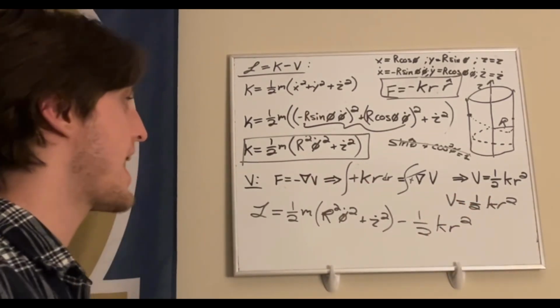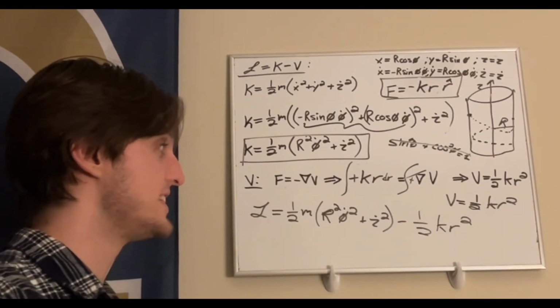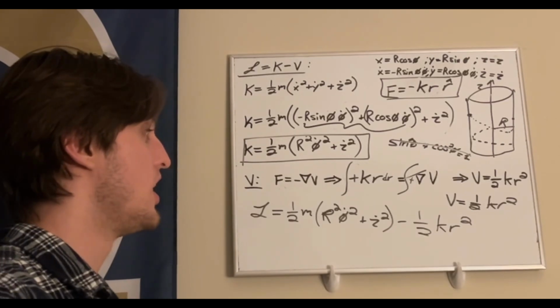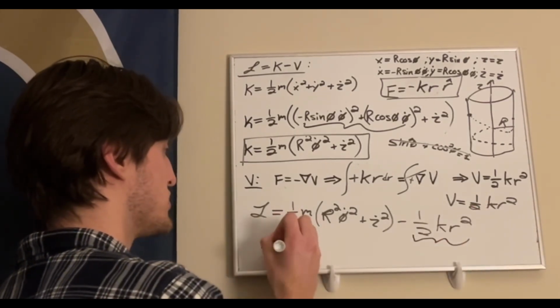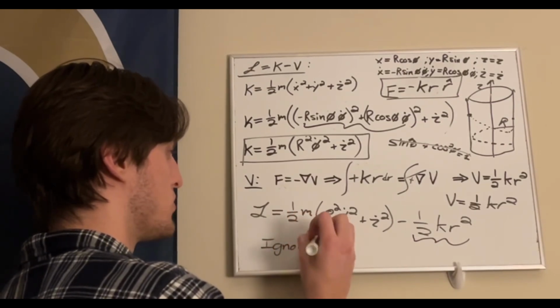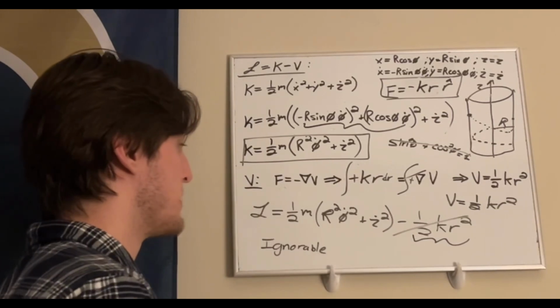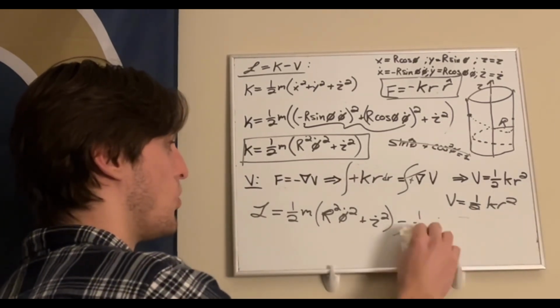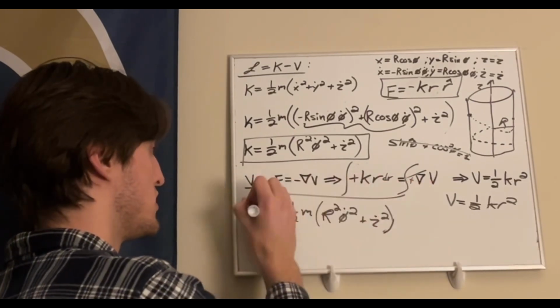However, the Hamiltonian is expressed in phi dot and z dot, which we'll see in part B, and this potential term does not have those at all, which means they are ignorable. So we don't care about the potential, and we can disregard that and care only about this expression, which is what we are going to use to solve the Hamiltonian.